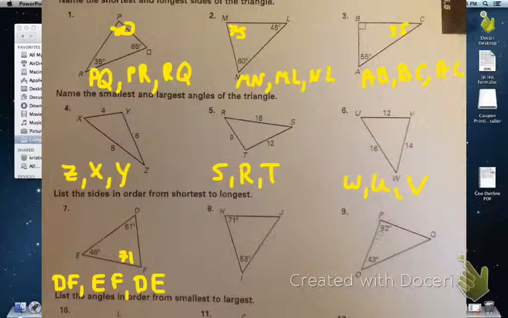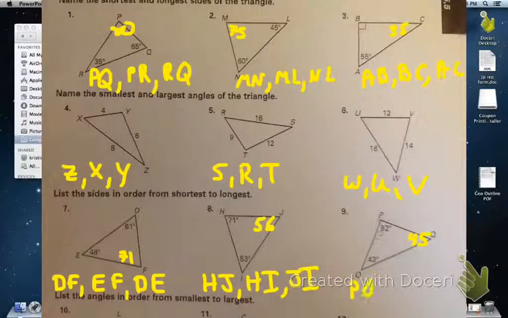For number 8, angle J is 56, so that means that the smallest is HJ, followed by HI, and the largest is JI. In number 9, angle Q is 45. So the smallest is PQ, followed by PO, and last OQ.